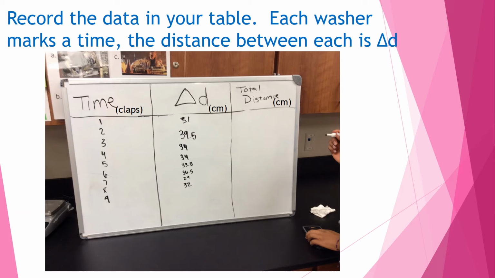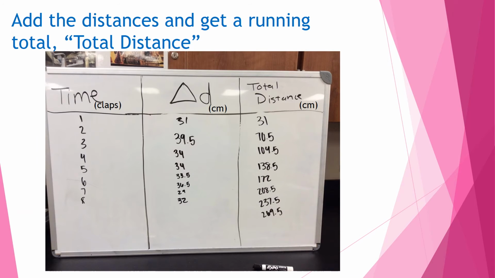The change in distance between each washer was 31, 39.5, 34, and so on. And then there's a total distance column, which the calculator came back and added up in this table right here. So there's one entry for each one. So the total distance after the first one is the same, 31. And then we started adding them up to get a total distance in the end right there.